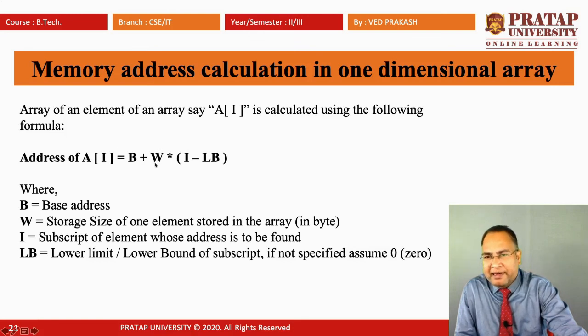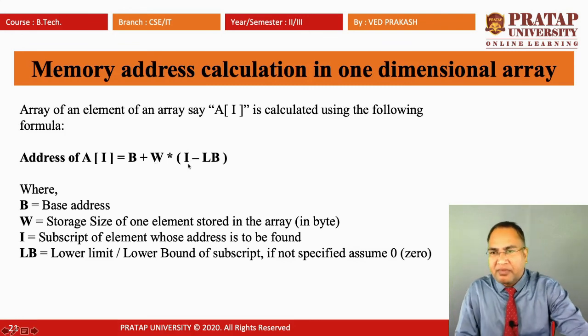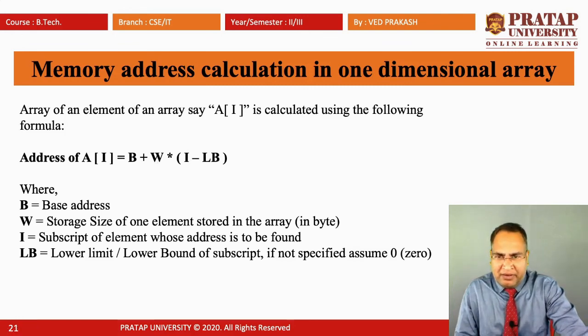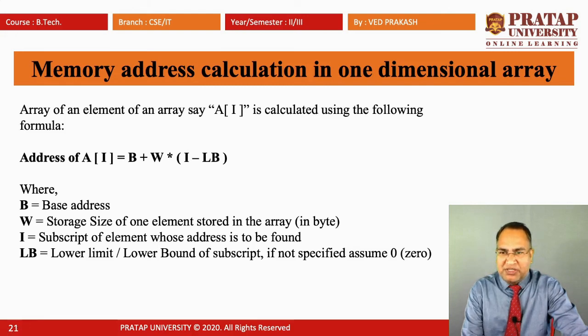If it is a character, it will take 1 byte. I denotes the index or specific subscript where we want to calculate the address, and LB denotes the lower bound. So that is the general formula for calculating the memory address of a specific element in a one dimensional array.